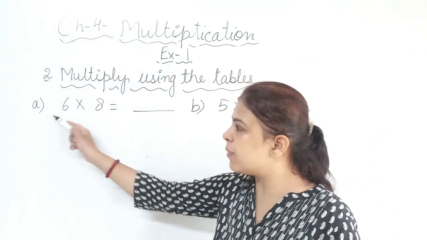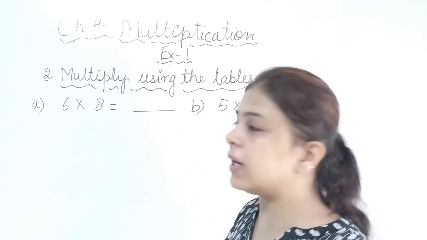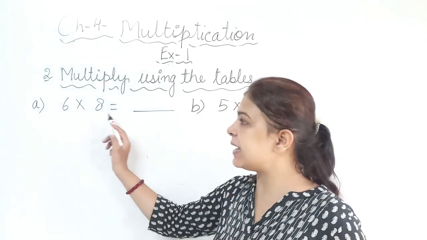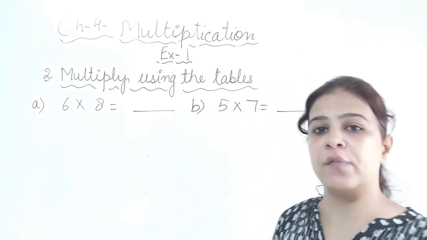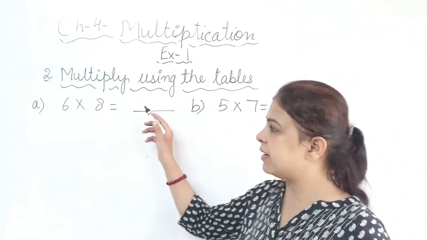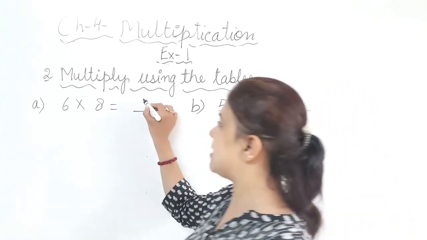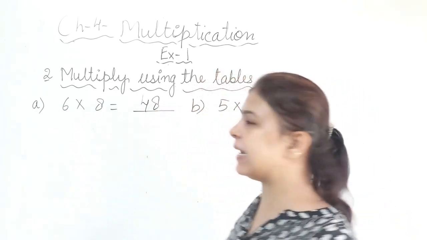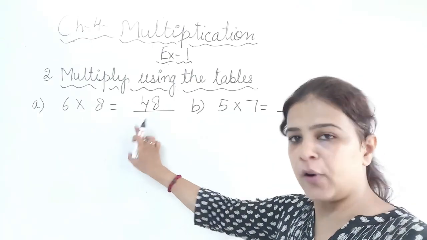Okay. Now before doing this we should just recall the tables. So 6 eights are. Can we read the 6th table? No, we have already learned. So I will do it directly. 6 eights are 48 children. So what have I written over here? I have written 48.